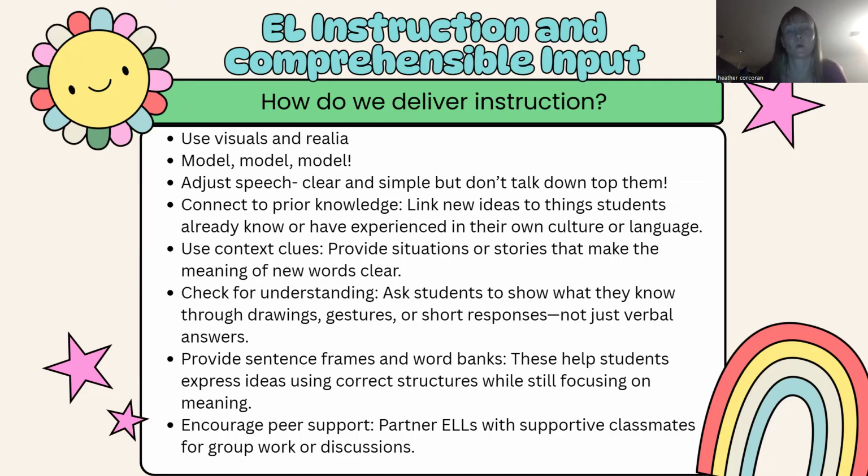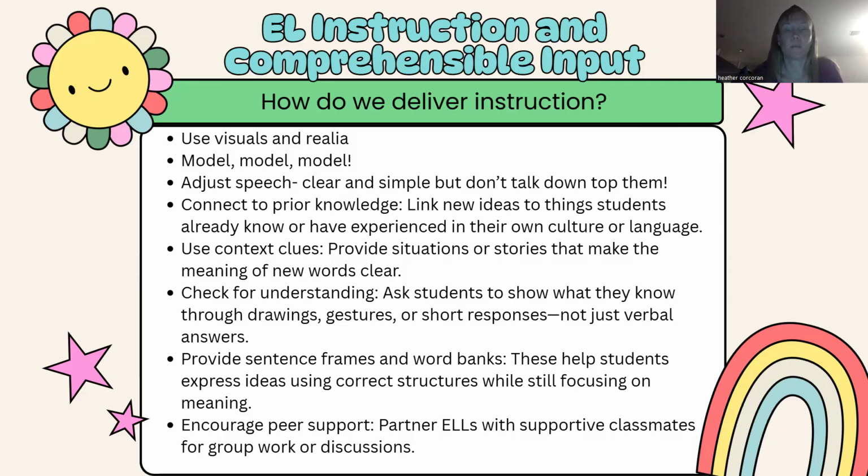That can look like incorporating graphs, maps, anchor charts, posters, pictures, anything that helps the students visually engage with what that word is. And then realia: whenever you can introduce objects into the instruction, give something the students can work with hands-on and connect meaning to that object and to that word. That's really going to get the most bang for your buck.